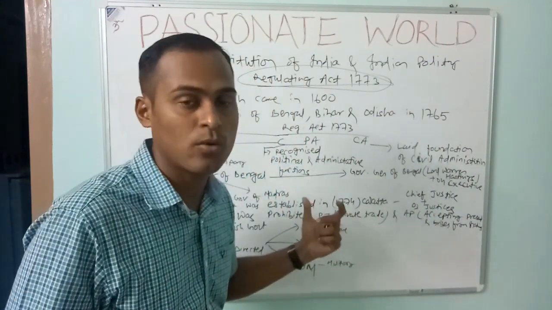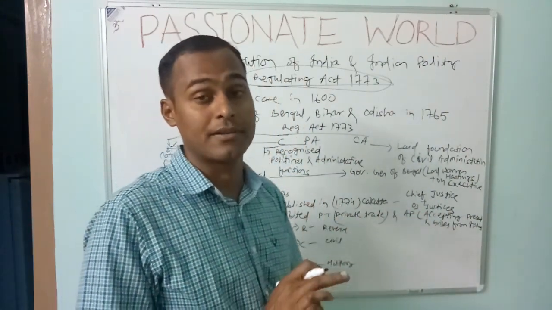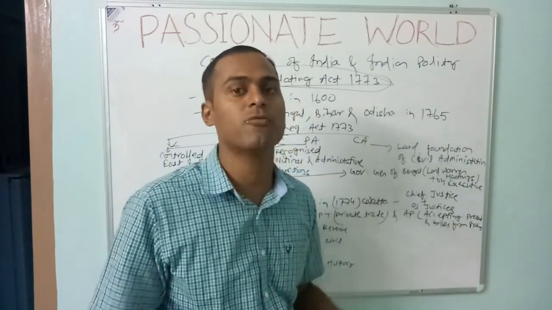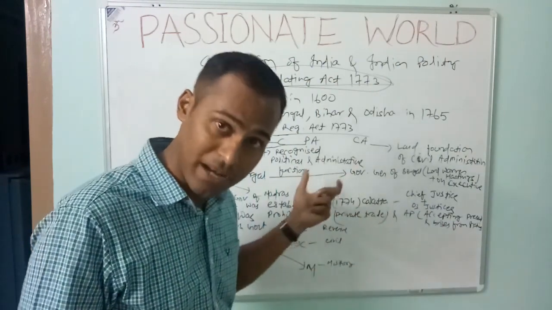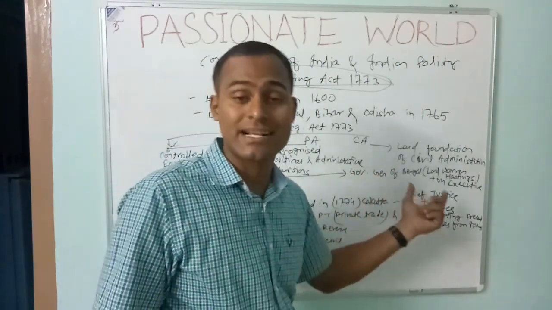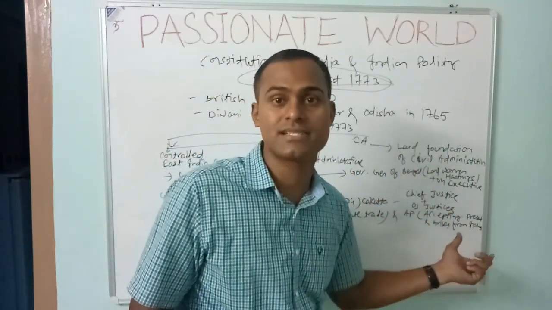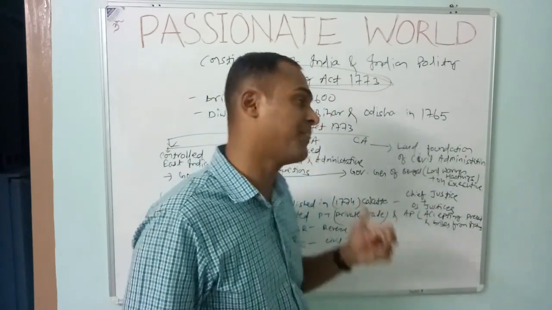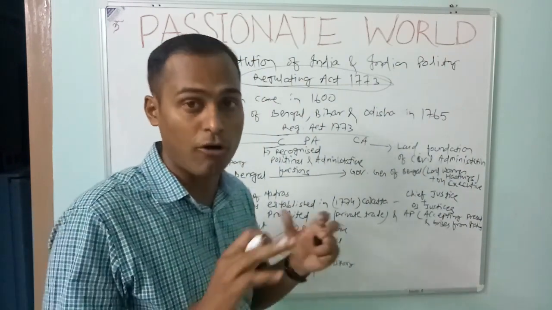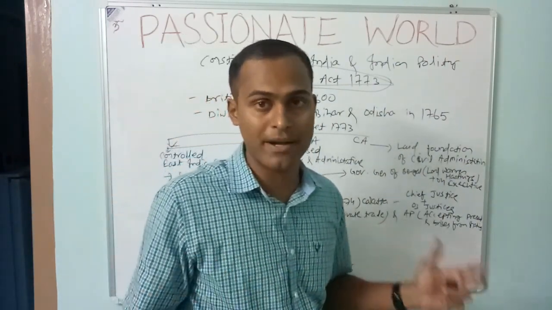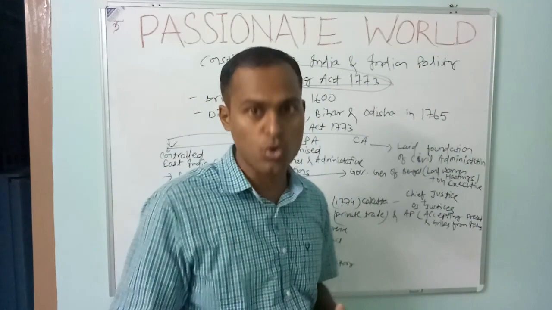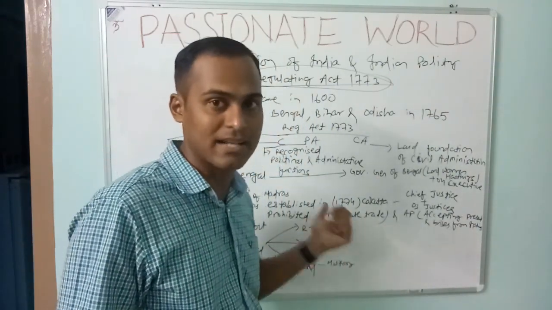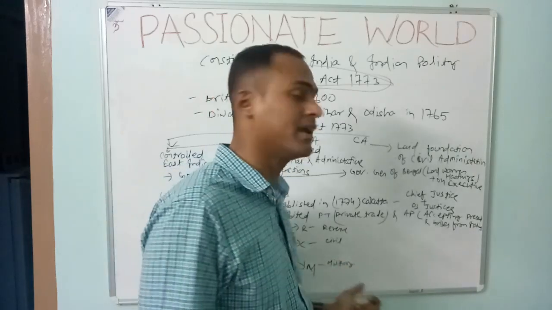And after that, the employees of the East India Company were prohibited to do any private trade as well as accepting presents and bribes from natives of Indian origin. Then last but not the least, the Government of Britain controlled the Court of Directors, controlling RCM, that is revenue, civil and military.